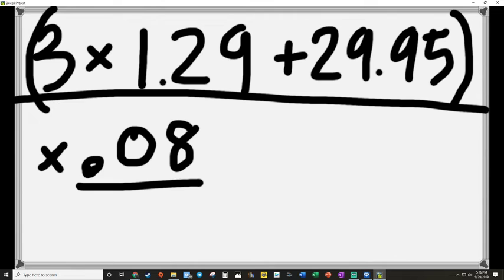Alright, now we're going to follow the order of operations to solve for the total cost of the items and sales tax. Alright, so what we've got to do, so 3 times 1.29 plus 29.95 gets us $33.82.